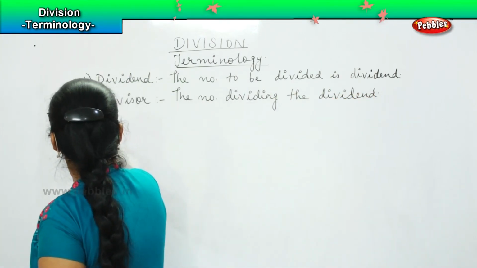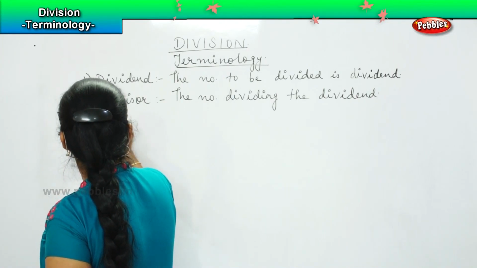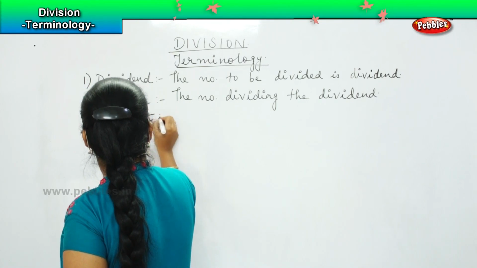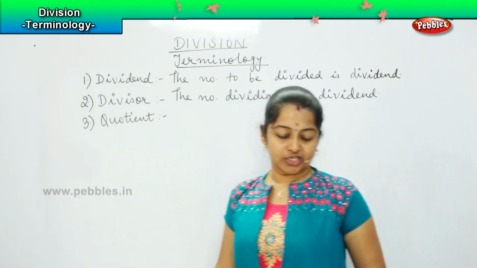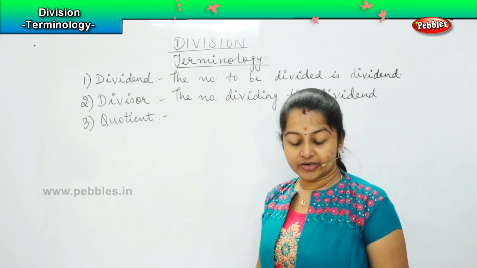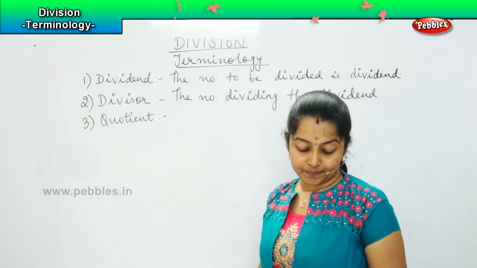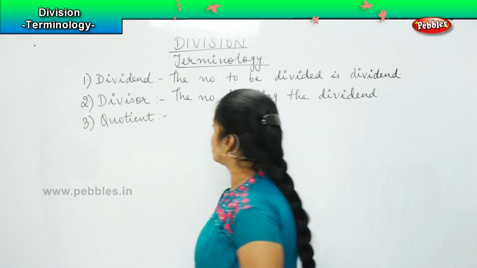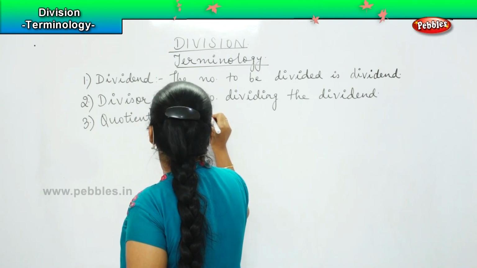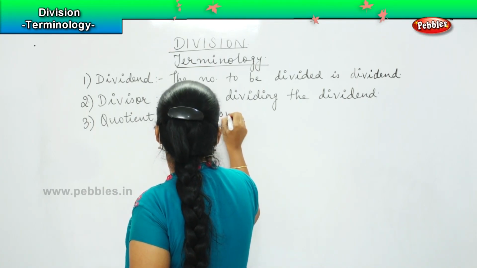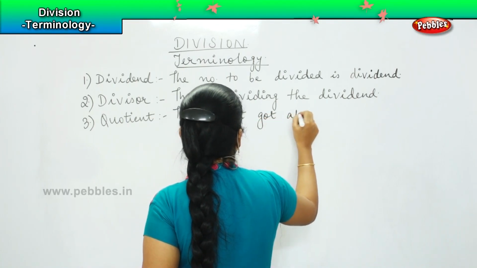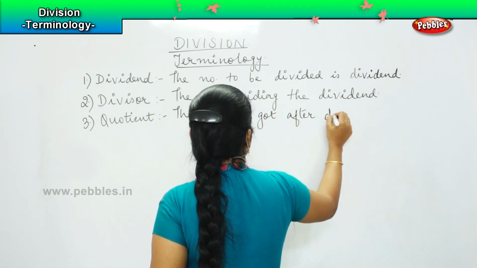Okay. The third concept is called the quotient. So what is a quotient? The result obtained after dividing one number by the other. So you can say that the result got after dividing.